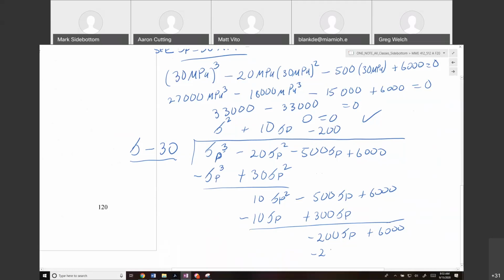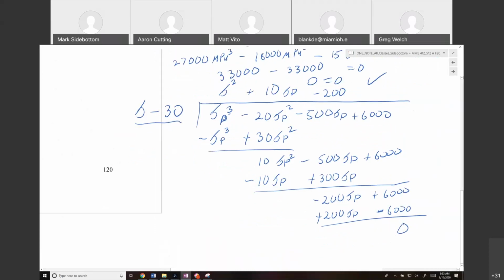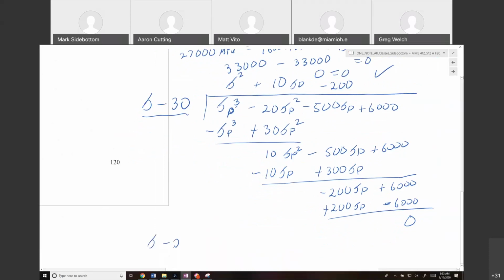We get minus 200 sigma p plus 6,000. We have to subtract both terms, so this would end up being 0. All right, so what we'd end up getting is sigma minus 30 times sigma squared plus 10 sigma p minus 200 would be equal to 0.